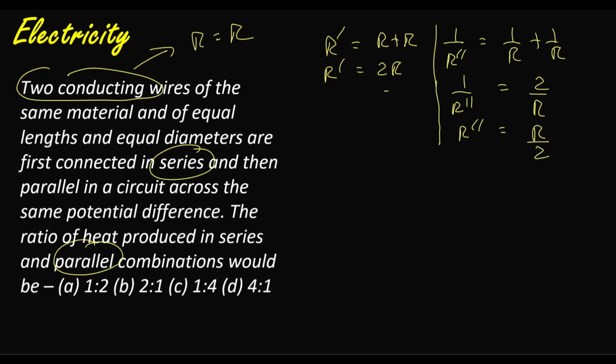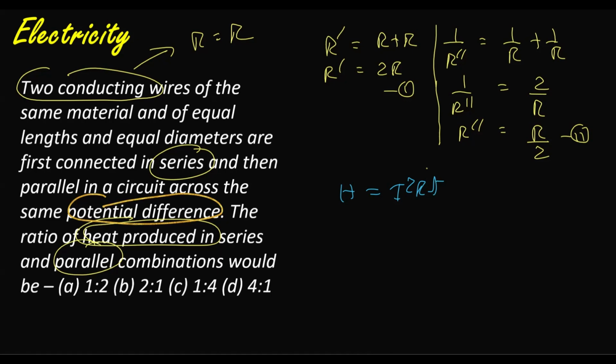So we got the resistance in case 1 and the resistance in case 2, that is in series and parallel. Now what we have to find out is the ratio of the heat produced, right? So what we know is that ordinarily, using Joule's law, H is equal to I square R T. But check what we need to remember here, that what remains same is the potential difference.